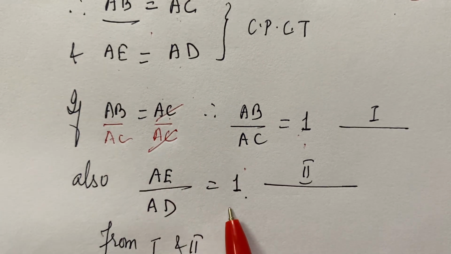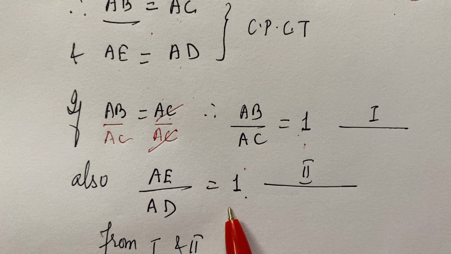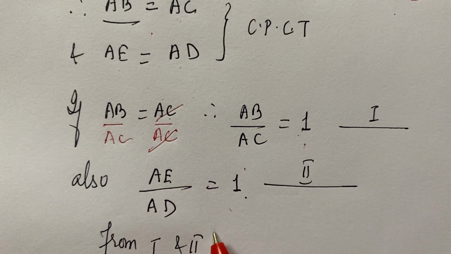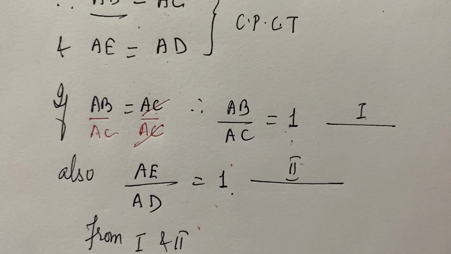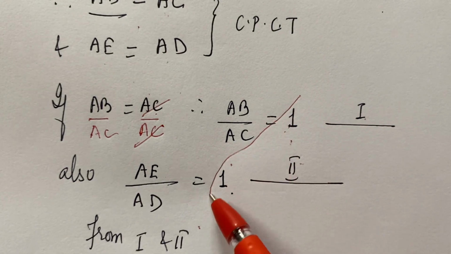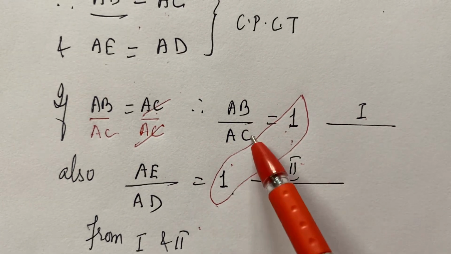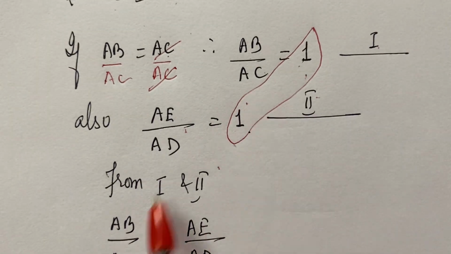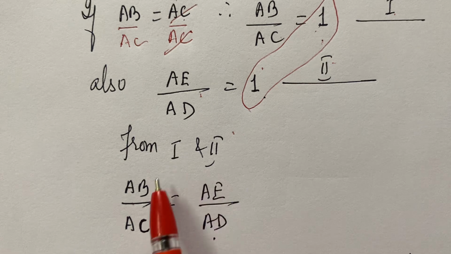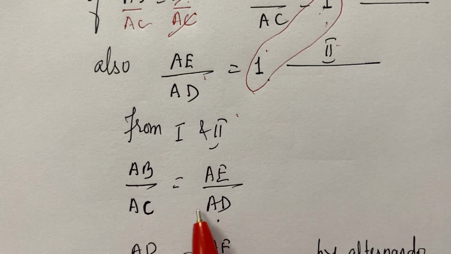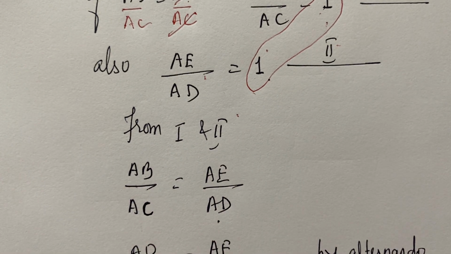So their ratio will also come out to be 1. Okay. So AE upon AD is also equal to 1. Now if you have a look at these two equations, equation 1 and 2, the right hand side is the same. And if the right hand side is the same, the left hand side should be equal. So from 1 and 2 we write AB upon AC is equal to AE upon AD.